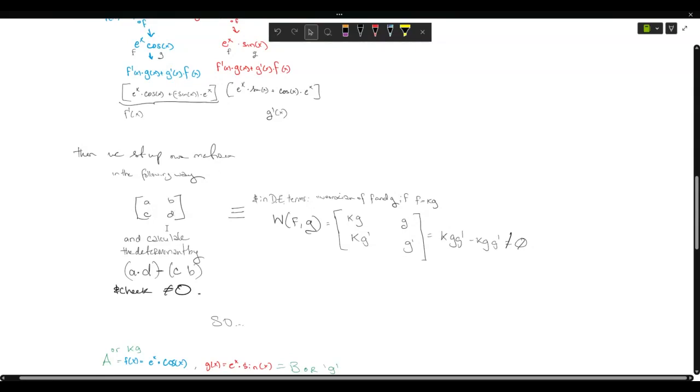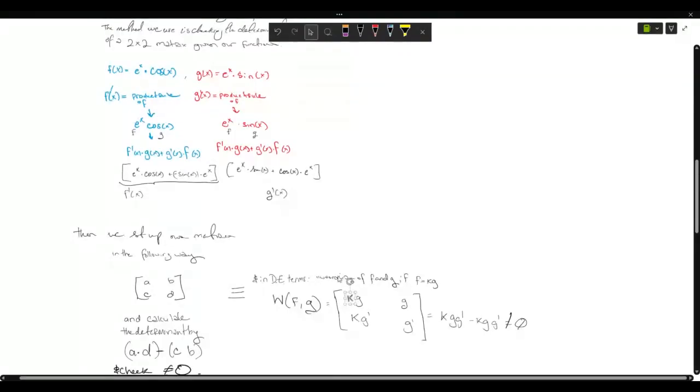Why is the f written as kg? Why is the f prime kg prime? I just explained, f would be the function, and then f prime would be the derivative of that. But here, in this context, we're saying that this is the determinant. No, because your Wronskian is over f and g, so why don't you use f prime?